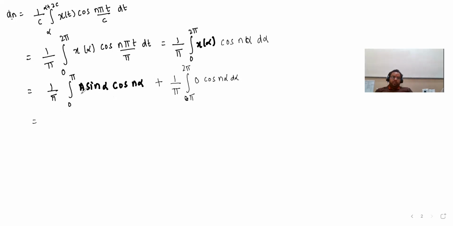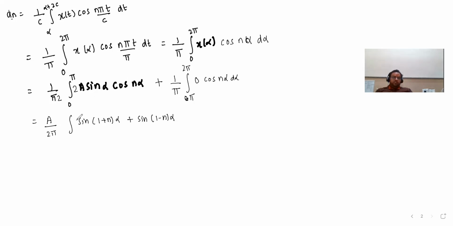Now I see here that if I multiply by 2 and divide by 2, this is in the form 2 sine a cos b. So I take a divided by 2 pi outside, and here I get 2 sine a cos b, that is sine of a plus b, so that is sine of 1 plus n alpha, plus sine of a minus b, so that is sine of 1 minus n alpha.